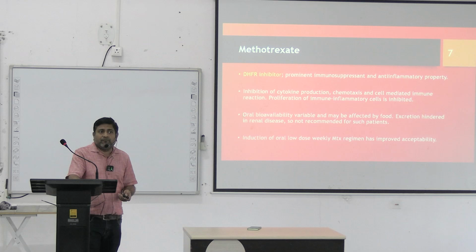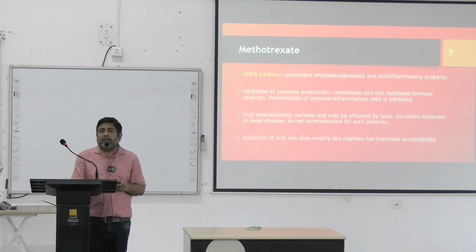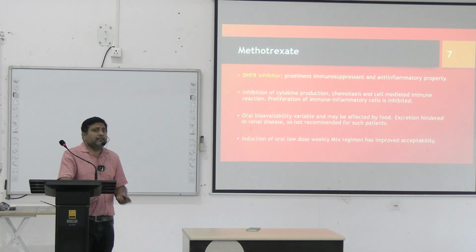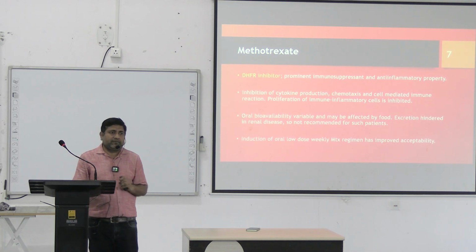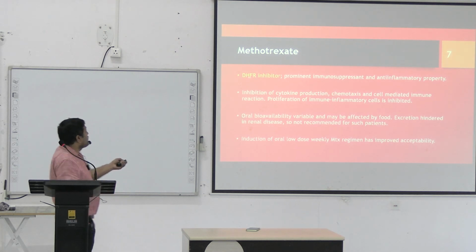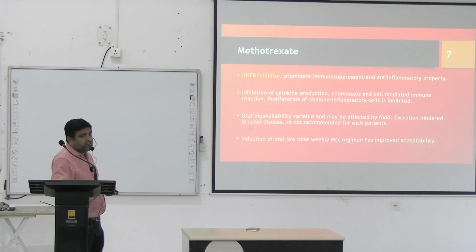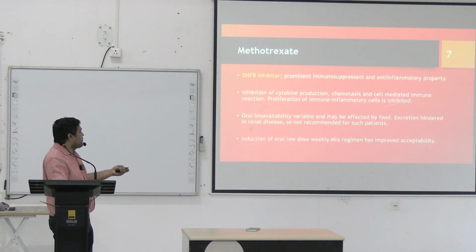Now, methotrexate we know is an anti-cancer drug, but it is also used in rheumatoid arthritis. How does it act? They basically inhibit dihydrofolate reductase. They are dihydrofolate reductase inhibitors and have got prominent immunosuppressant and anti-inflammatory property.